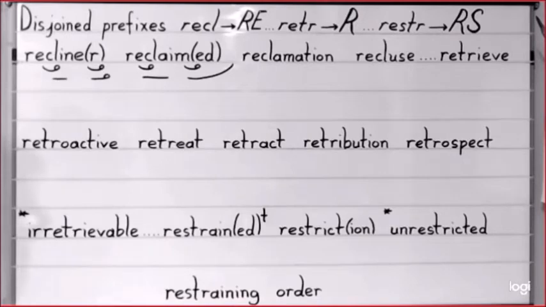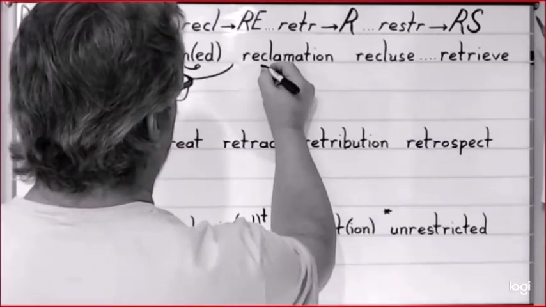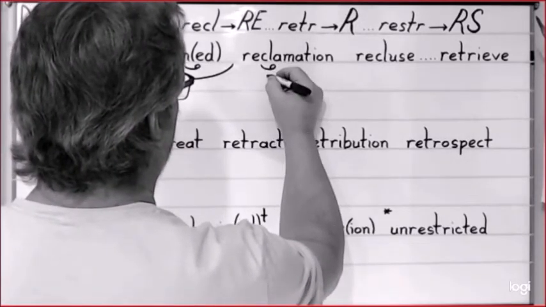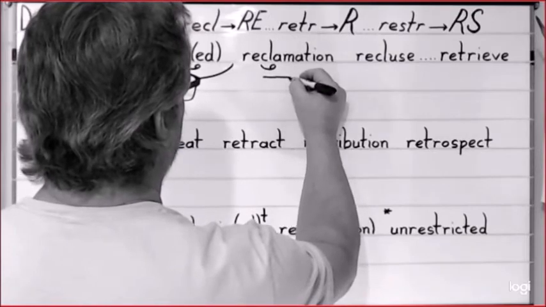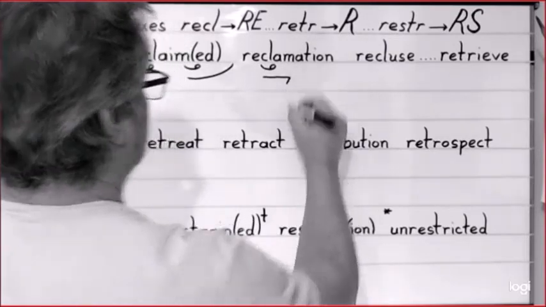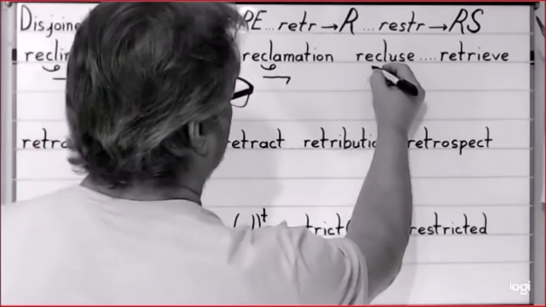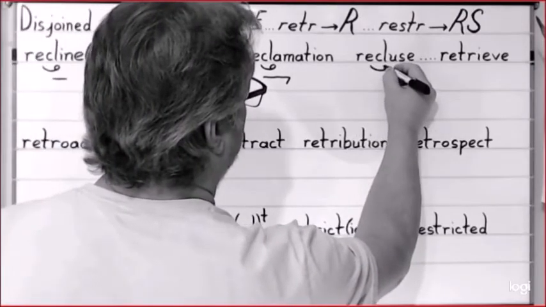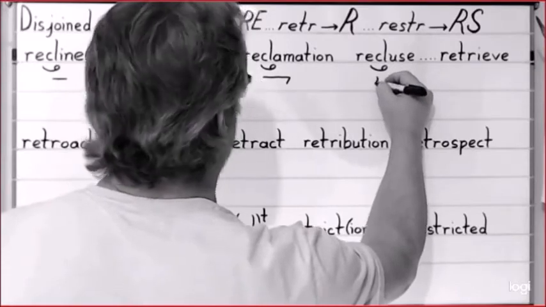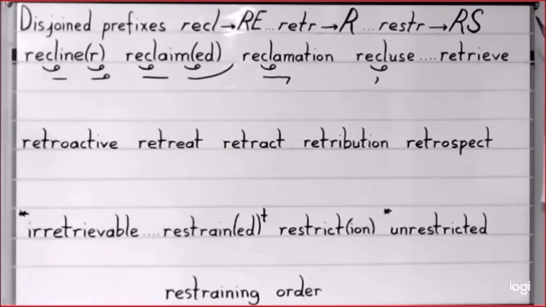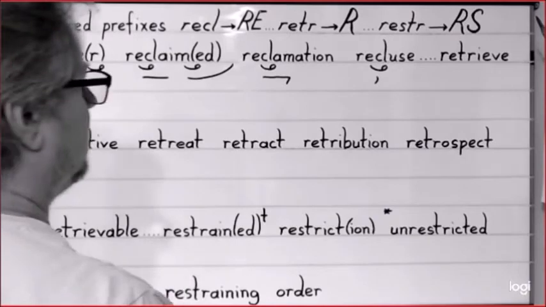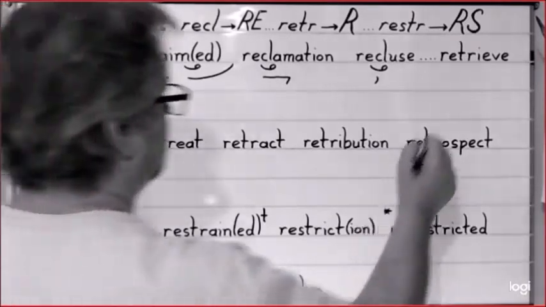For reclamation, it is R-E, then M, then SH for shun. For recluse, it is R, E, then an S, right below it. On to the retr, which we're just going to use an R this time.